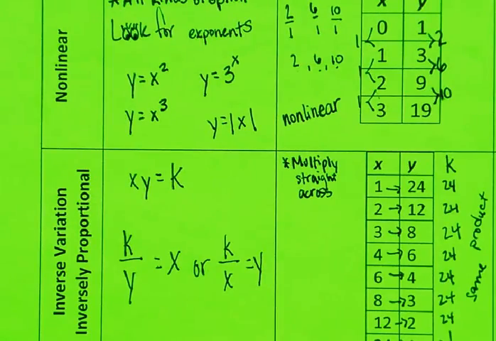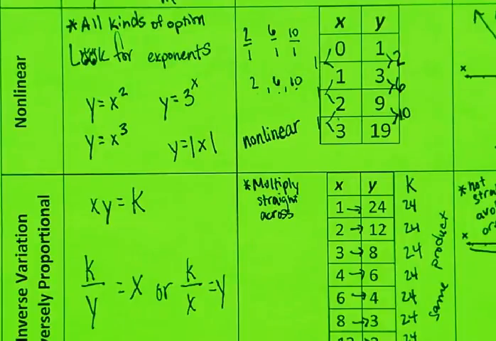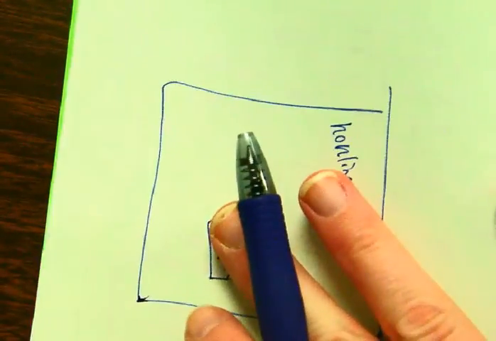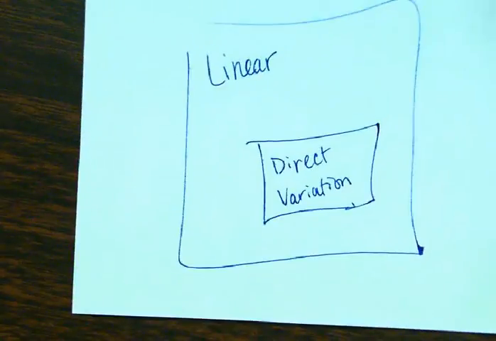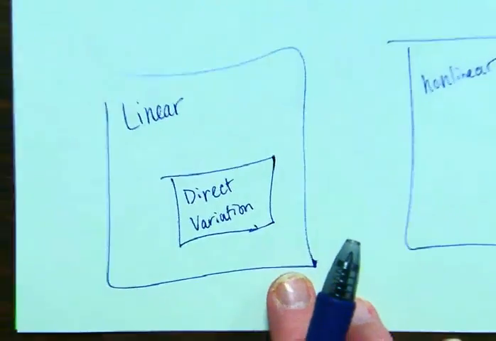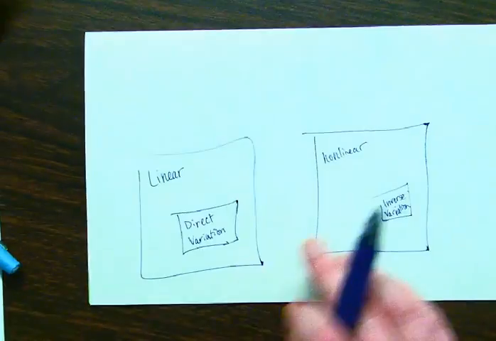That's all we have for all these different types of relationships. Please make sure that you get this attached into your journal. You can fold it to where you can see this. If you want to fold it in half again, you can.